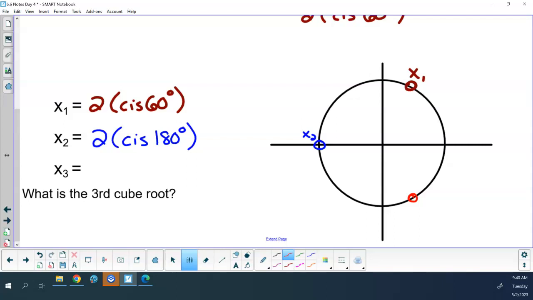My question is this. What degree is that going to be? I agree that it should be down in here somewhere. I agree that it should be 2. I agree that it should be cosine i sine. What do you think the approximate degree should be? Why 300?